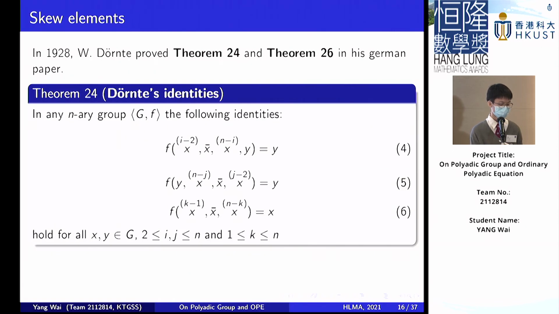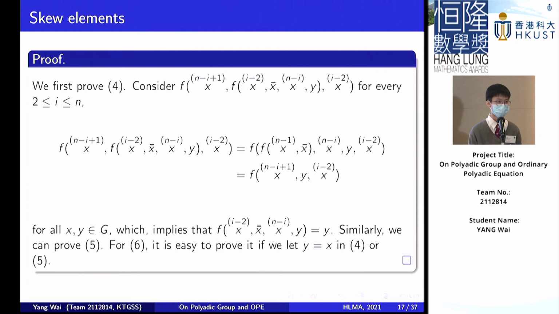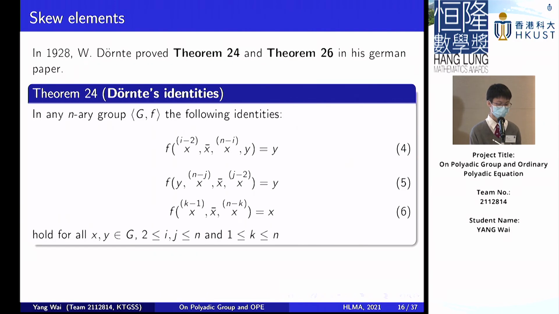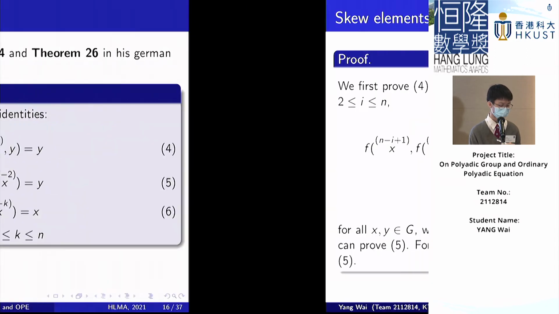In 1928, Dörnte proved the theorem for 24, the Dörnte identity, which means that in the n-ary operation, the f is on the leftmost or the rightmost, and we have one skew x and n minus 2 x's, then the product is y. The proof is simply here. But because Dörnte proved this theorem in his German paper, in our paper we give a reproof here.